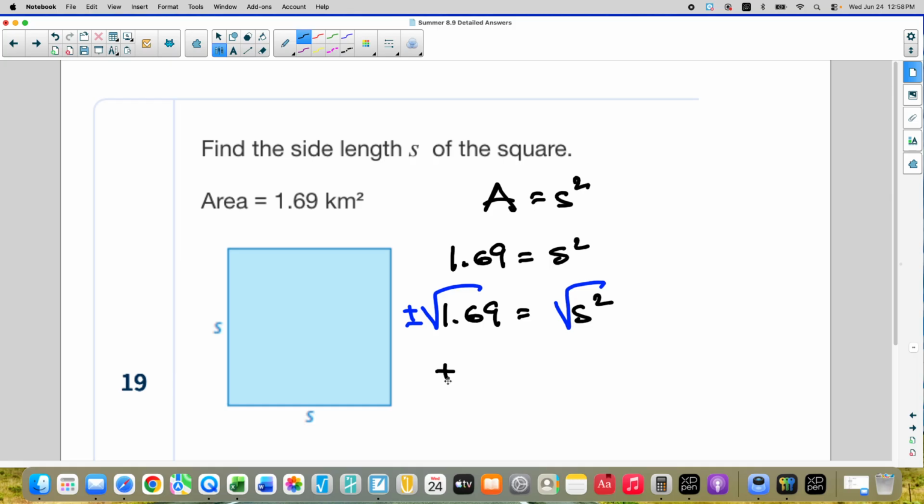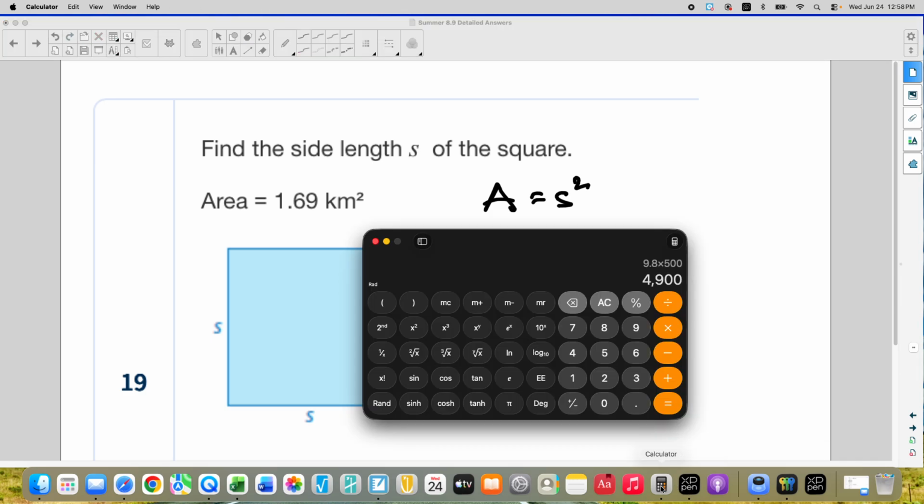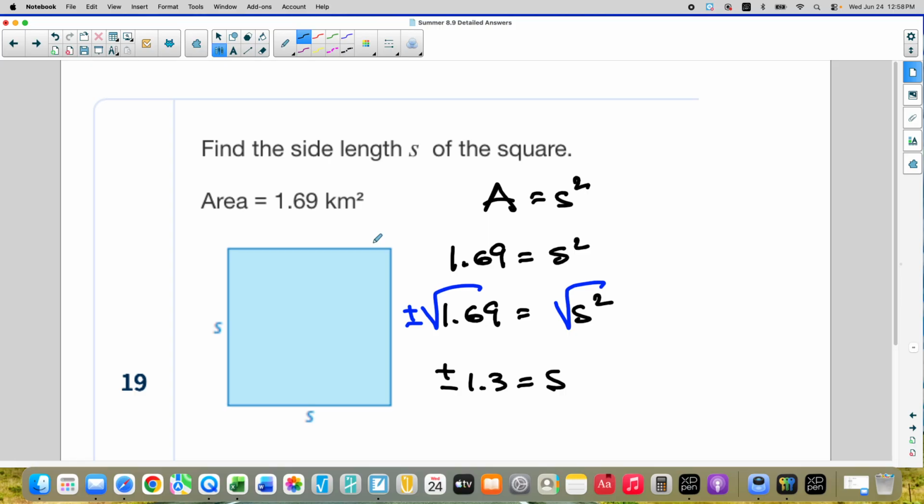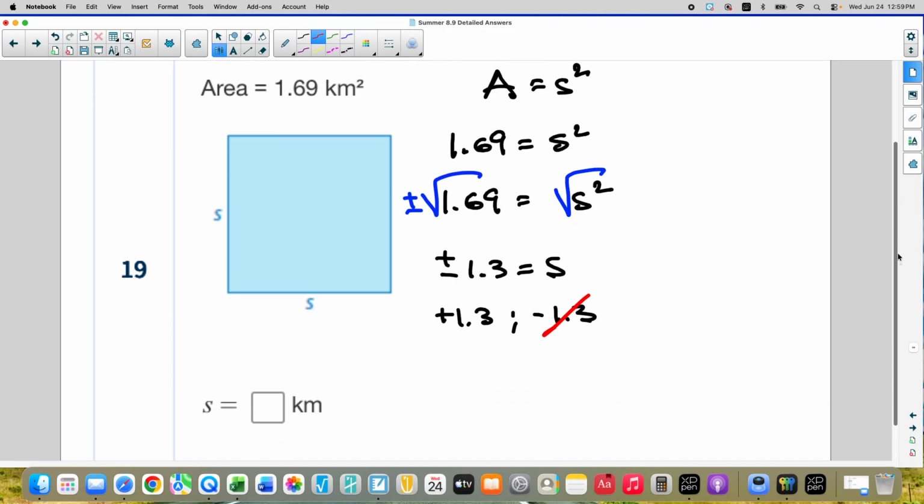We get plus or minus 1.3. 1.3 equals S. Let's look. I think 13 squared is 169. 13 squared equals 169, so that's going to be 1.3. And that means positive 1.3 and negative 1.3. The negative 1.3 gets negated because we're dealing with length. And so the answer is 1.3 kilometers.